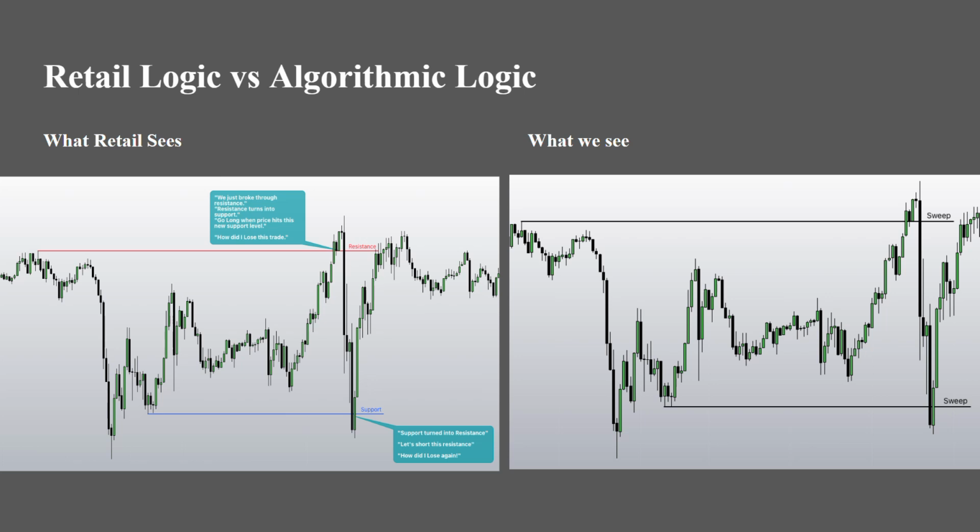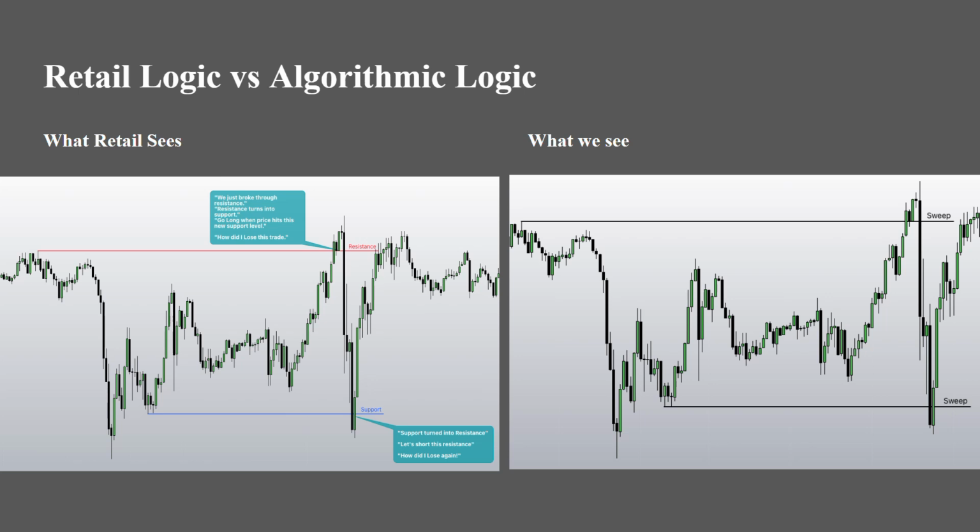Retail sees that red line as resistance, meaning it is an area where price will resist and reject lower. So they go short when price retests that resistance level, and they put their stop loss above. What they will see is price went through the resistance and stopped them out.